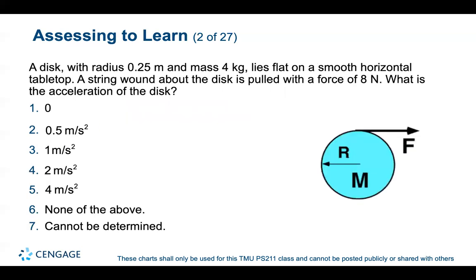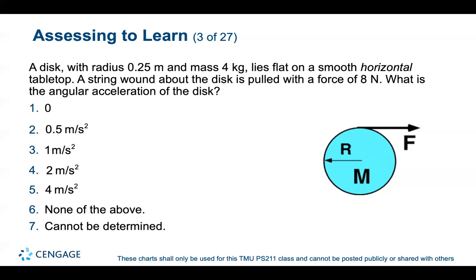A disc with radius of 0.25 meters and mass 4 kilograms lies flat on a smooth horizontal tabletop. A string wound about the disc is pulled with force 8 newtons. What is the acceleration of the disc? And the answer is 2 meters per second squared.